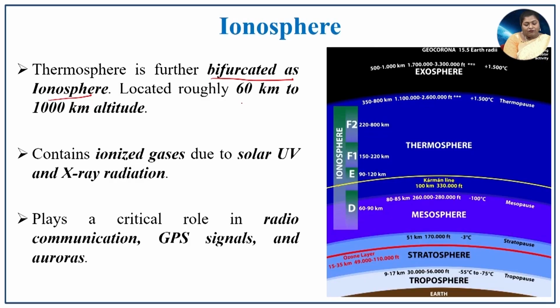It is located roughly 60 km to 1000 km altitude. It consists of ionized gases due to the solar ultraviolet radiation and X-ray radiation. It plays an important role in what? That is radio communication, GPS signals and aurora formation.